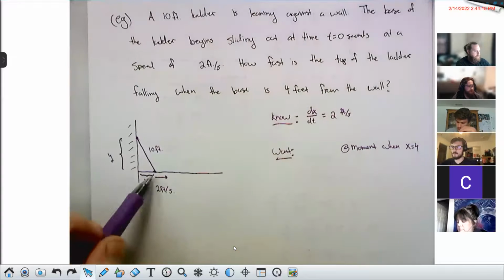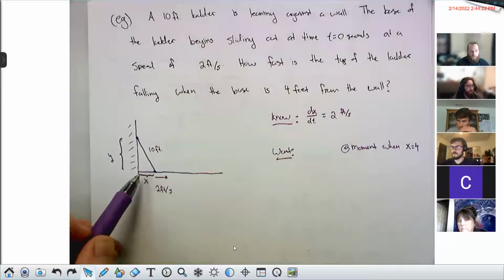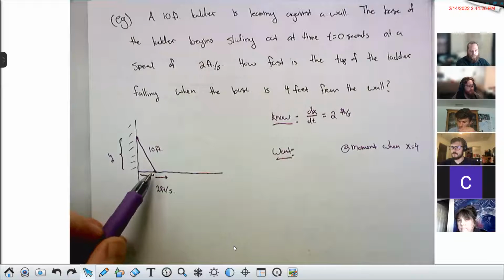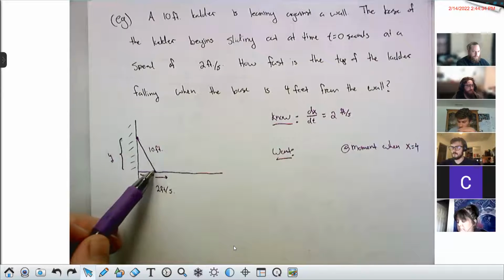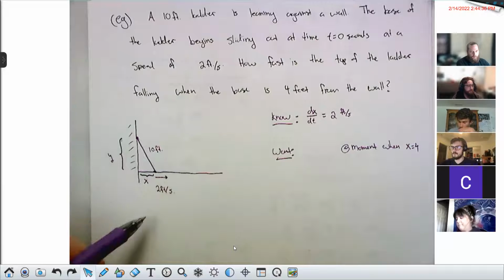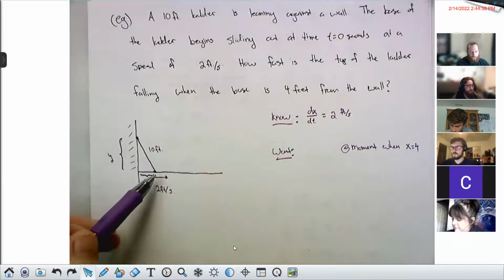If x is this distance, that distance is first increasing, so the derivative there will be positive. And I know that that distance is increasing at a speed of 2 feet per second. So every second, the back end of this ladder slides 2 more feet out along the wall. I'm sorry, along the floor.